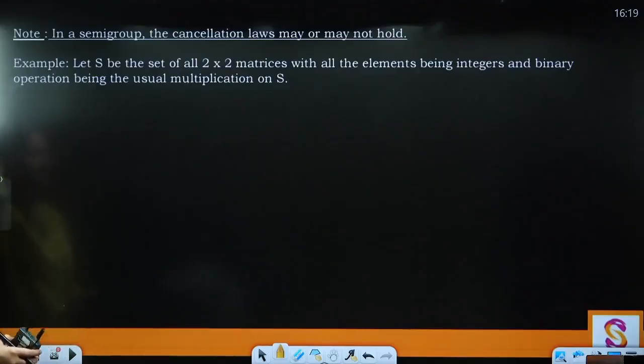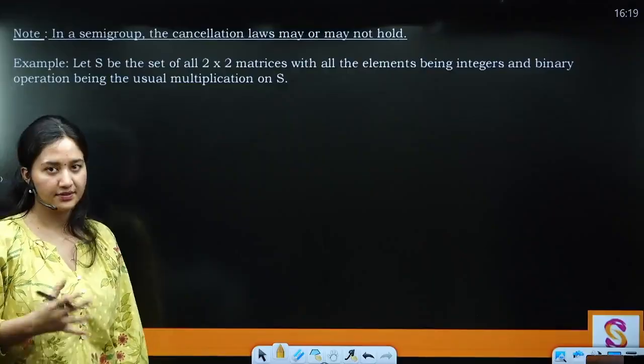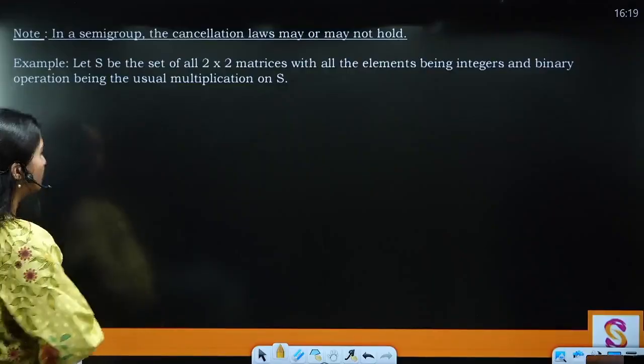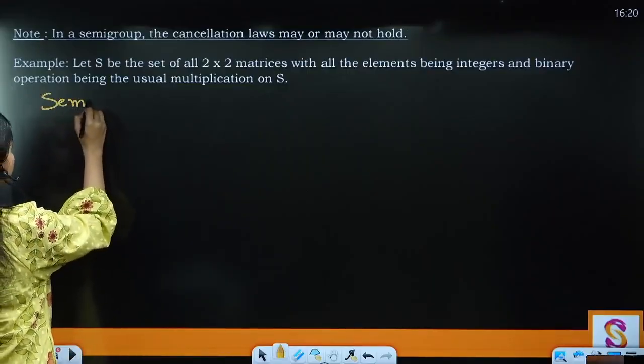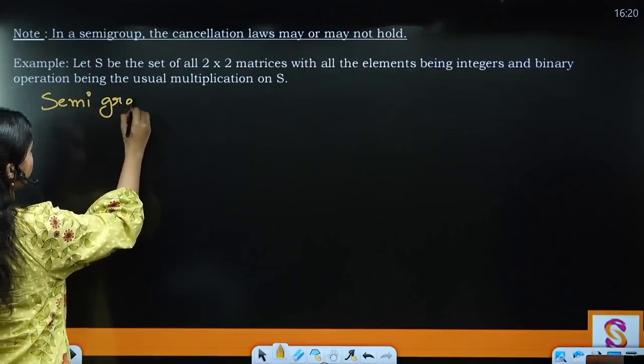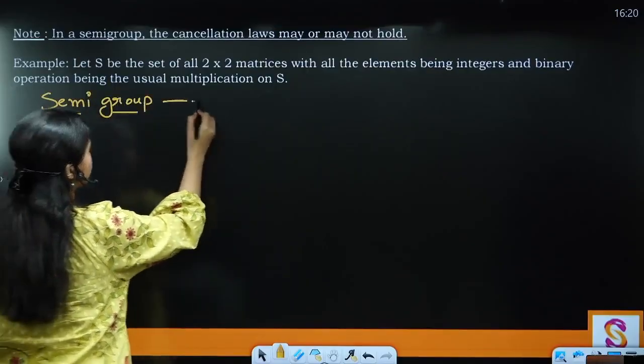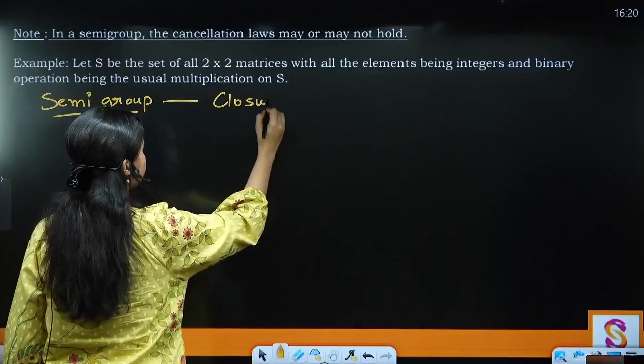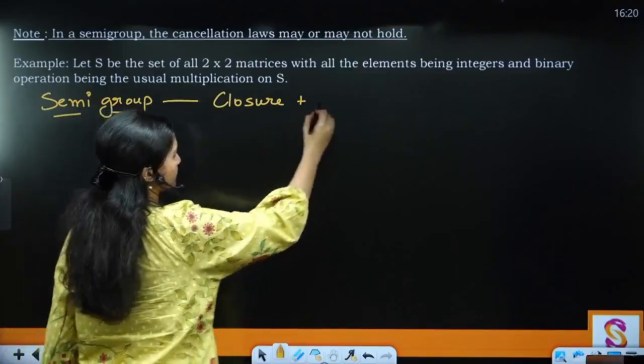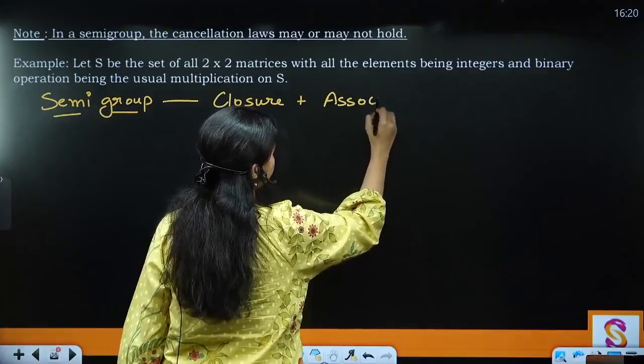Now we have a note. This is not a theorem, but a note that in a semi-group the cancellation laws may hold or they may not hold, right? What is a semi-group? A semi-group has closure plus associativity.